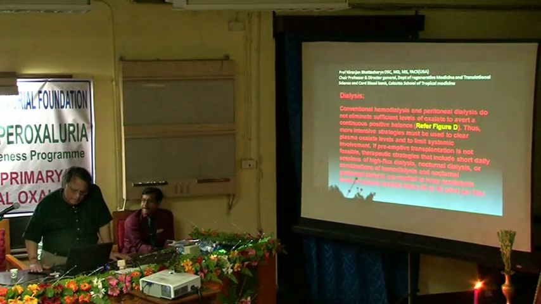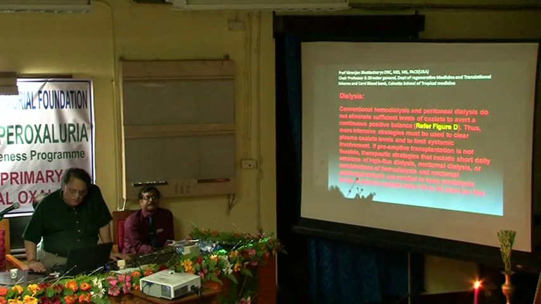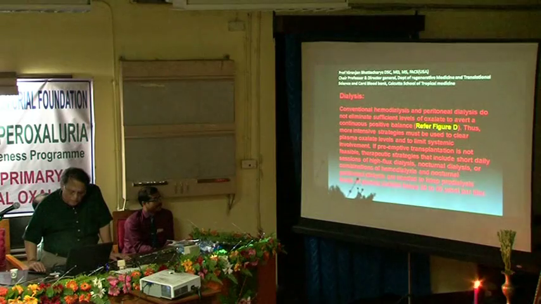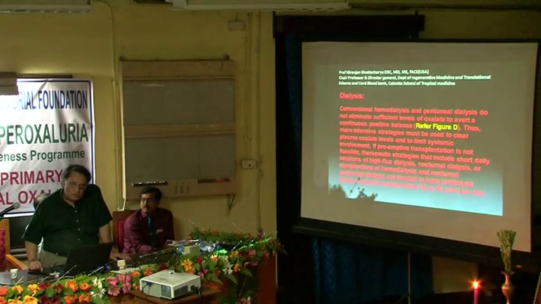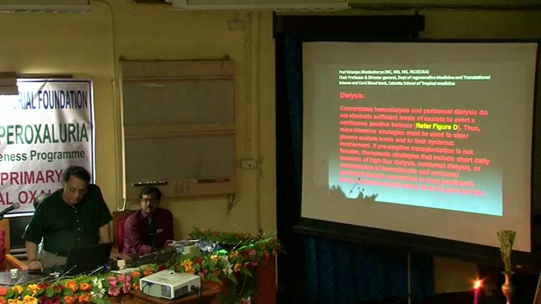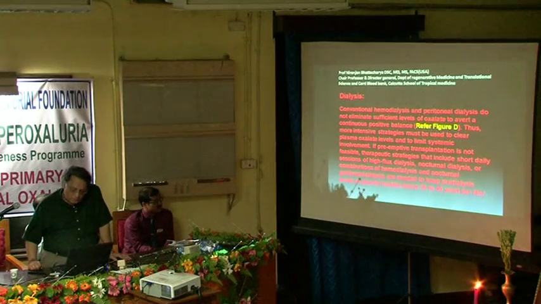The idea is to eliminate sufficient oxalate to avoid a continuous positive balance. The intensive strategy must be to clear plasma oxalate, not the deposited oxalate crystal, and limit systemic involvement. Preemptive transplantation is not feasible.